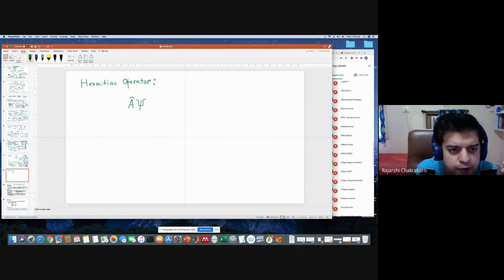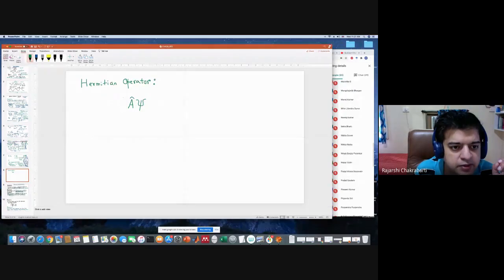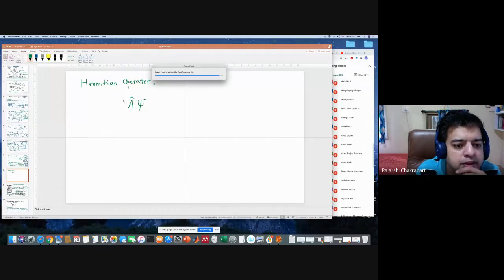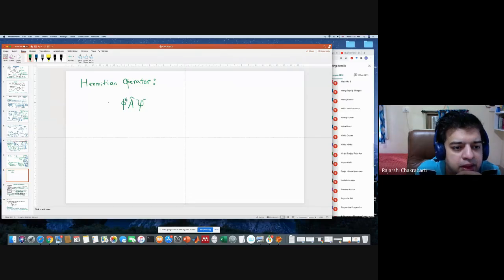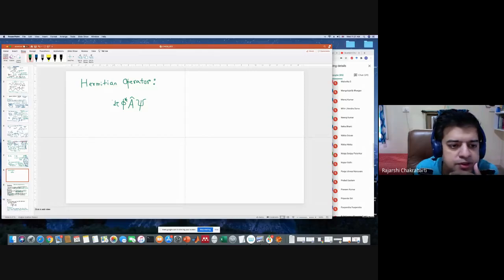And then what you do is multiply this from the left side with another function phi, take its complex conjugate, and multiply with the volume element d tau. In 3D, if you have one particle, it is dx dy dz. In 1D, it is only dx.